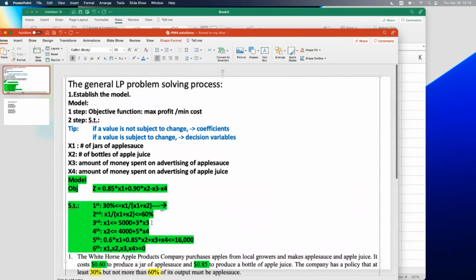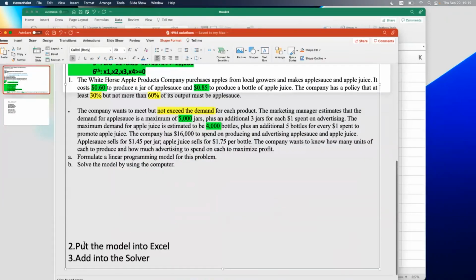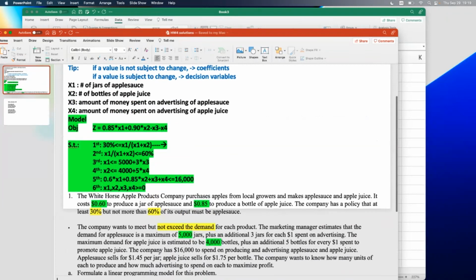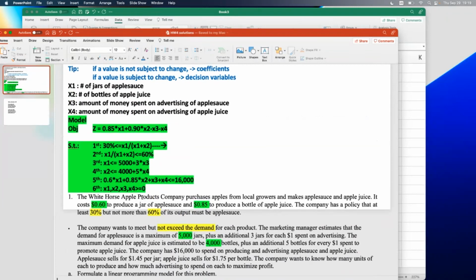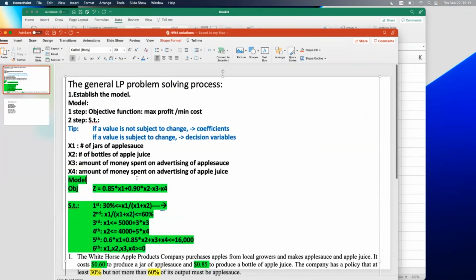So that's all. If you still have trouble doing these 3 steps, establish the model, put into Excel, add into solver, if you still find issues, feel free to email me, or we can discuss in person.